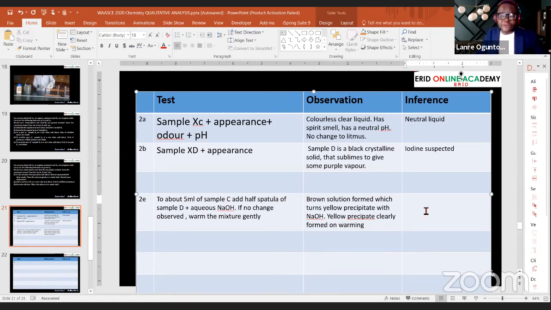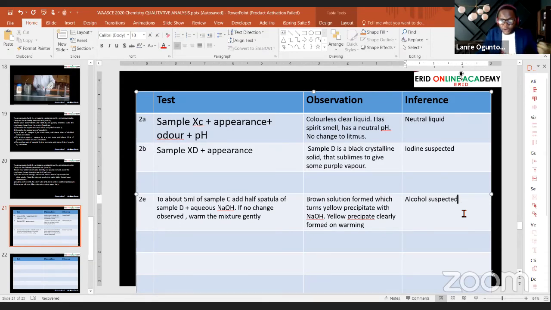Okay, so your inference now: you added a substance that is dark, black, solid, to a substance that is an organic solvent, and you now get a yellow precipitate with sodium hydroxide. So that tells you something about sample C. Your inference is that you are suspecting an alcohol, but you don't know what type of alcohol it is.